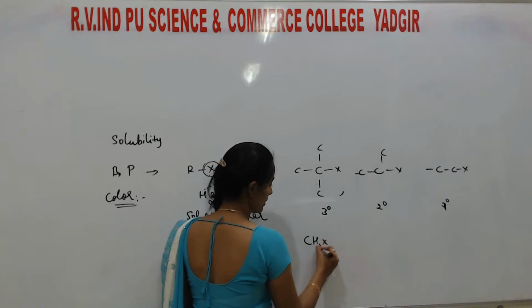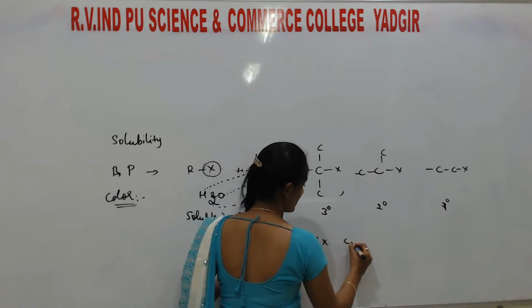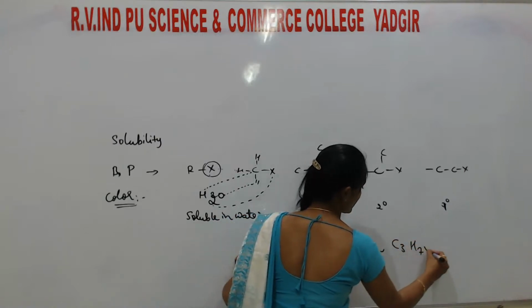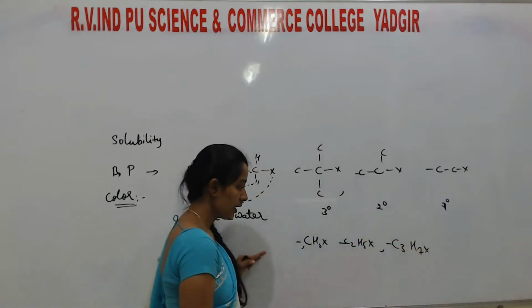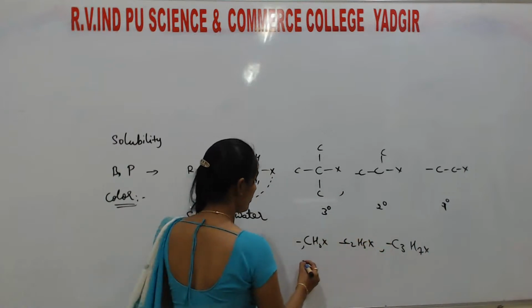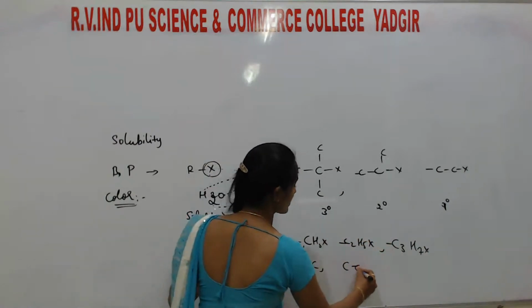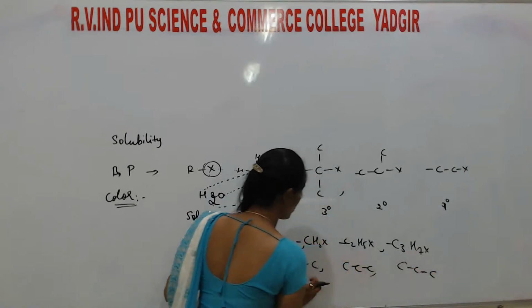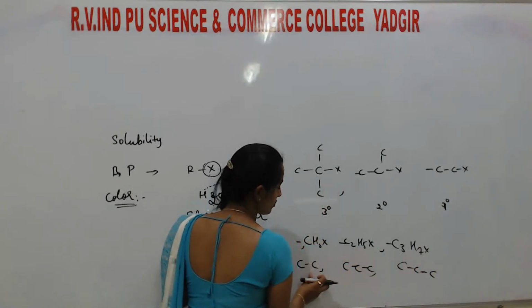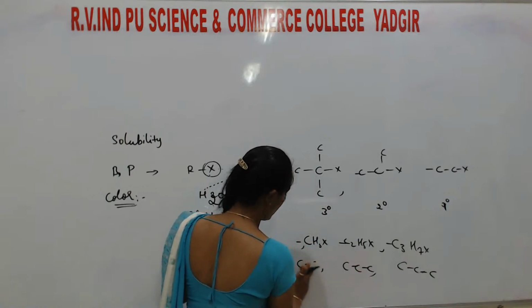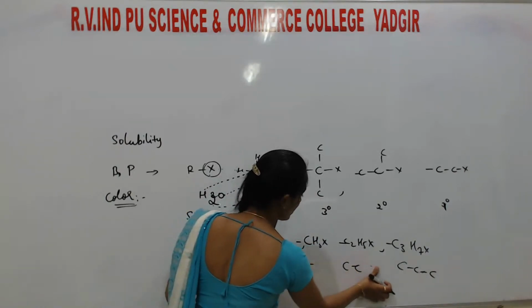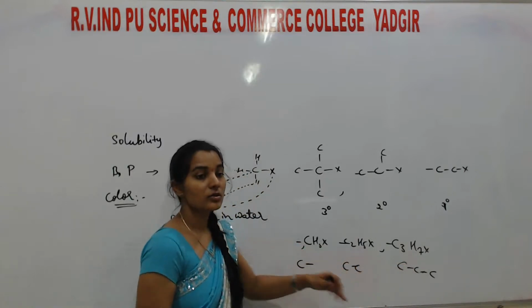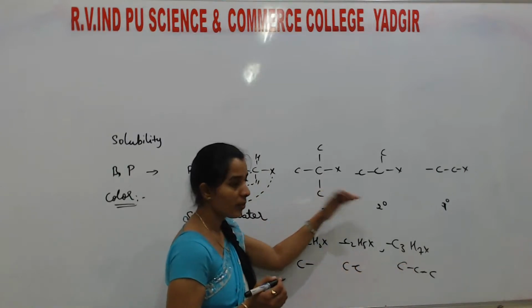Next, take another example: CH3X, C2H5X, C3H7X. In the straight chain, the number of carbon atoms increases like this: here it is 1, here it is 2, here it is 3, the number of carbons in the chain. So what happens to the boiling point?